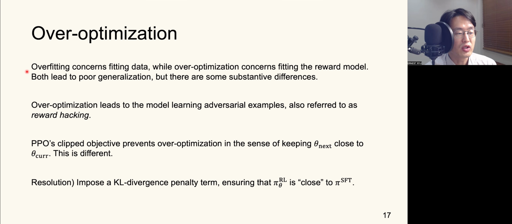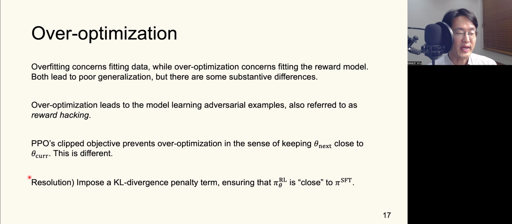Over-optimization leads to the model learning adversarial examples, and this phenomenon is also referred to as reward hacking. PPO's clipped objective prevents over-optimization in the sense of keeping the current model parameter close to the previous model parameter, but this is a bit different.